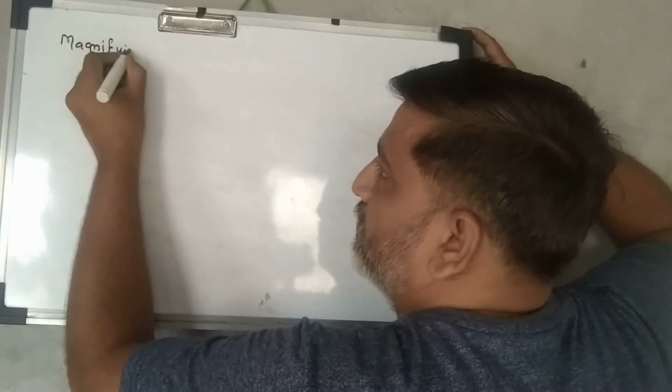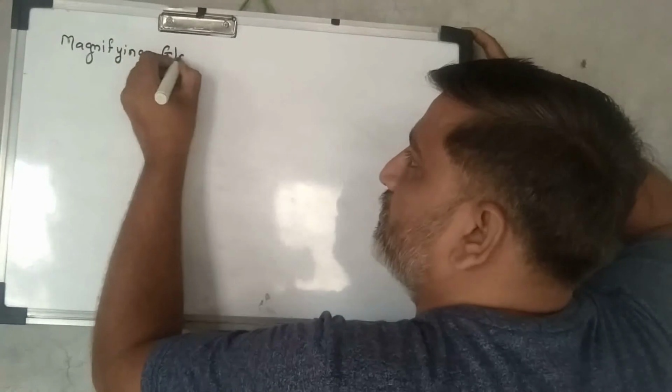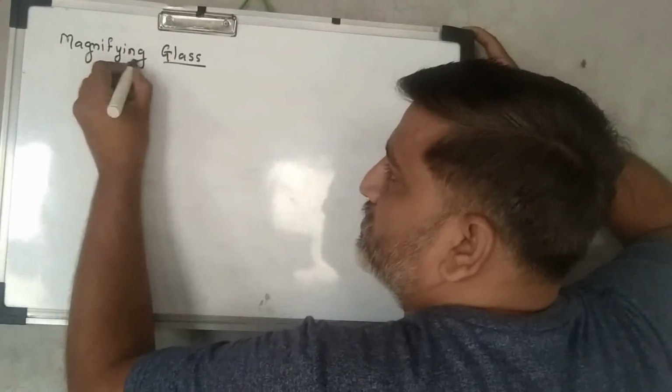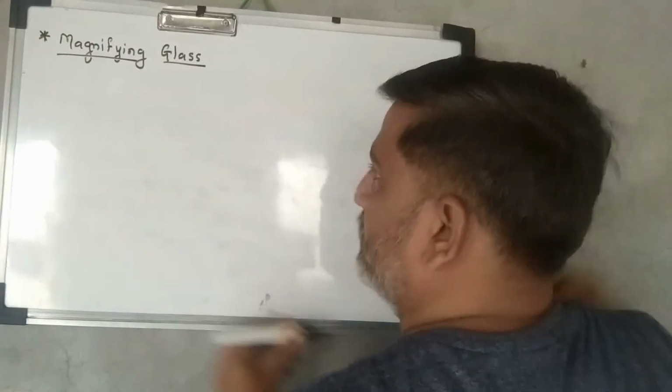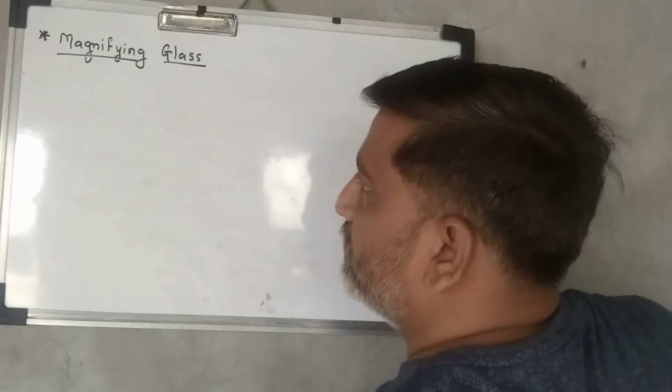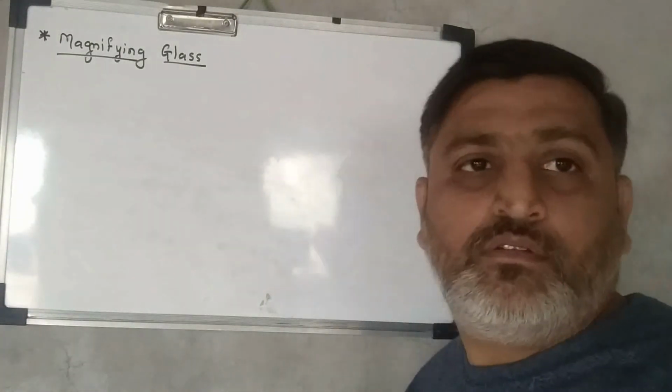Magnifying glass. First thing about the magnifying glass: to see an object distinctly, we prefer to place it as near to our eye as possible, which means the least distance of distinct vision.